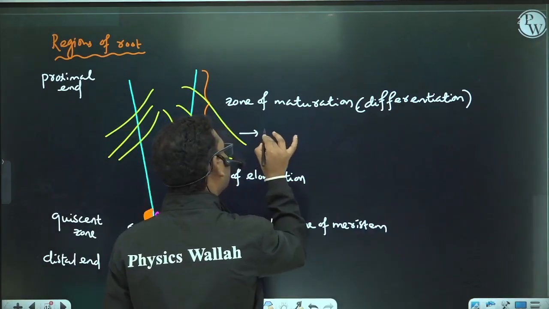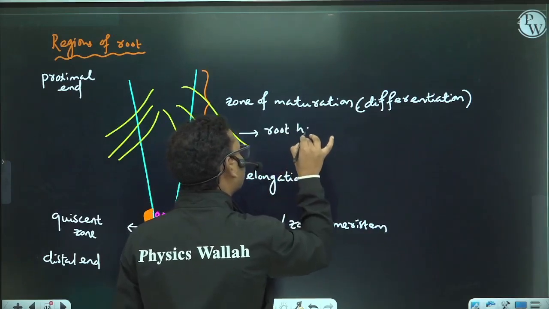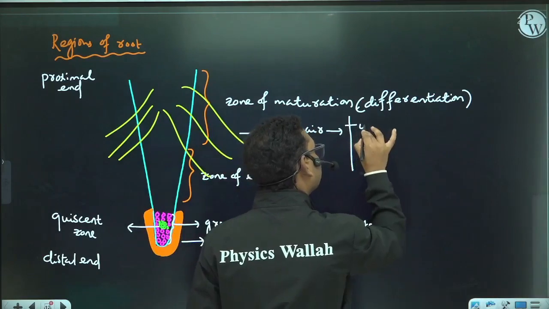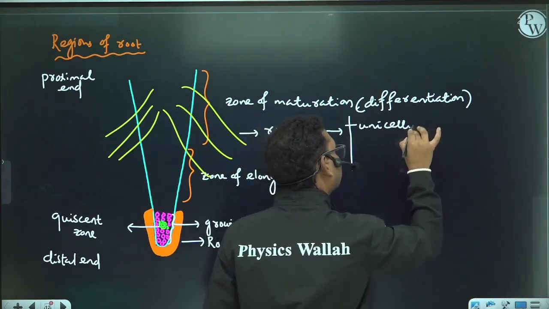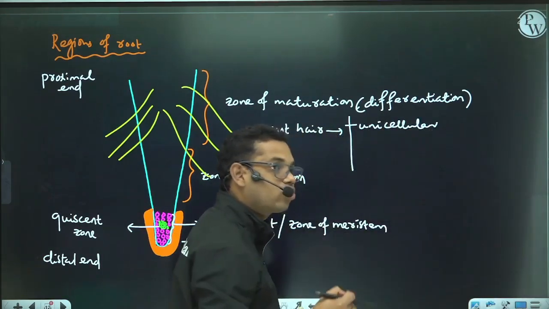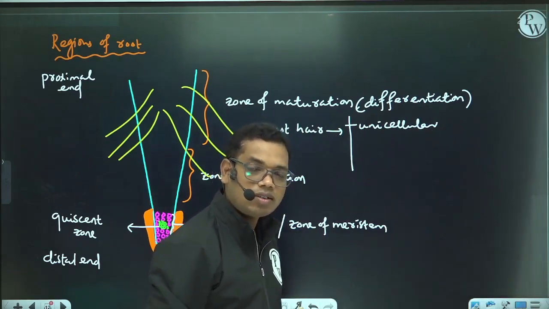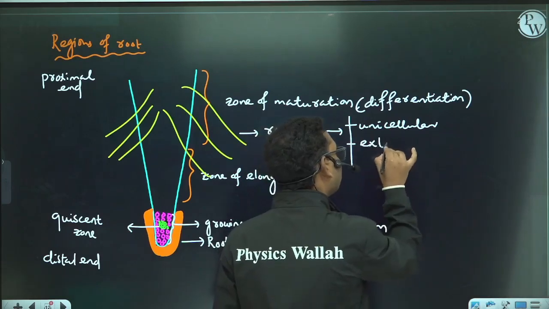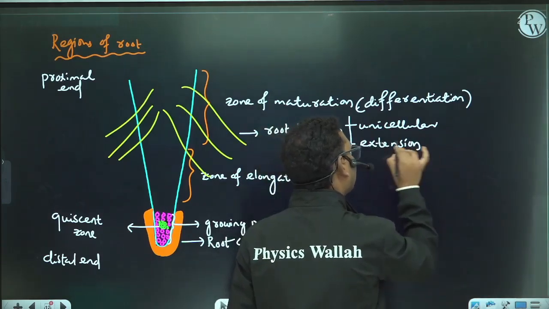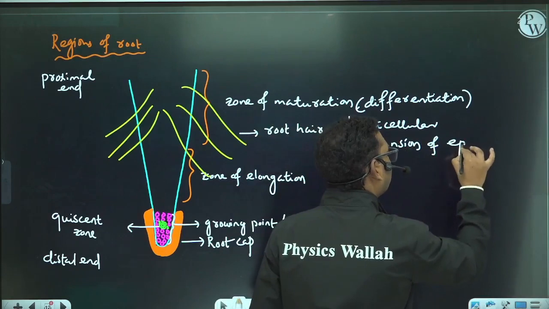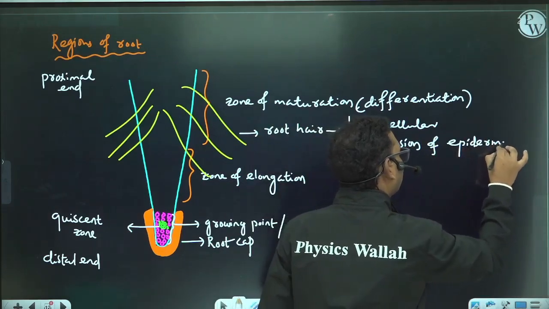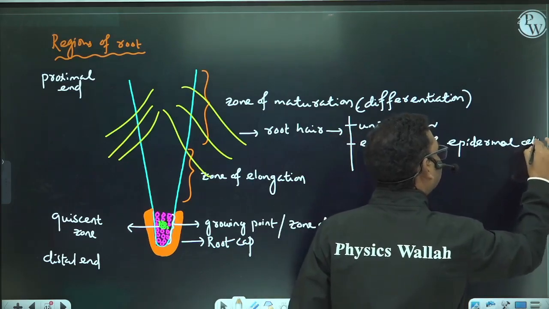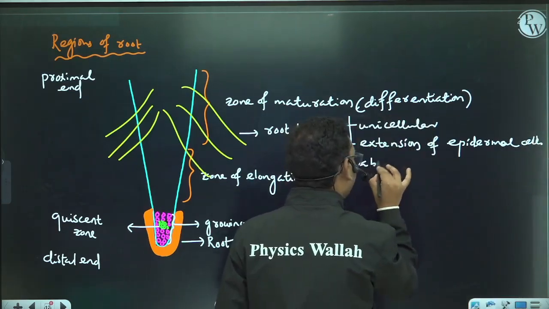And remember one thing, these root hairs are basically unicellular, and they are extensions of the epidermal cells, and they help in absorption.